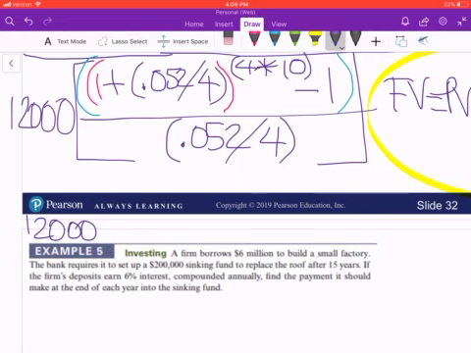and then triple parentheses: 1 for the bracket, 1 for the numerator, 1 for the stuff that is inside the parentheses that will be raised to a certain power. Here we can put our 0.052 divided by 4, but you have to close that fraction.